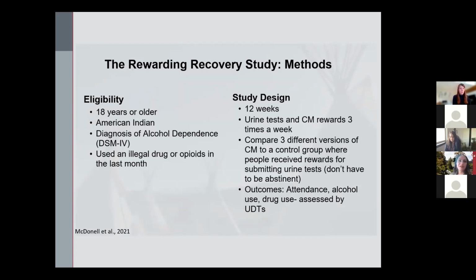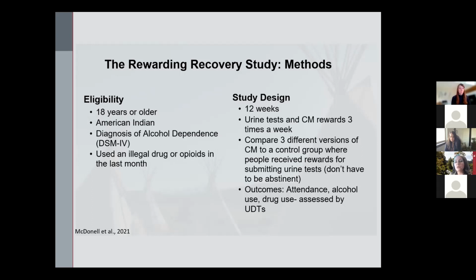And this was a very complicated study, so I'm going to do my best to describe it. But there were 3 versions of CM, along with the control condition, who received incentives just for attending visits. And so the primary outcomes were attendance, alcohol use, and drug use, which were assessed by urine drug tests.